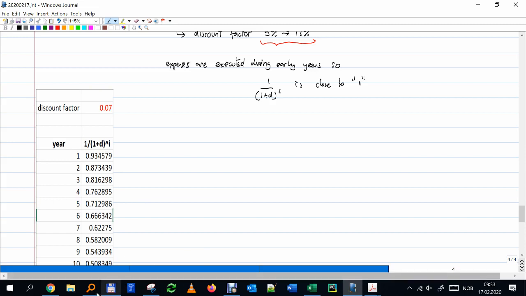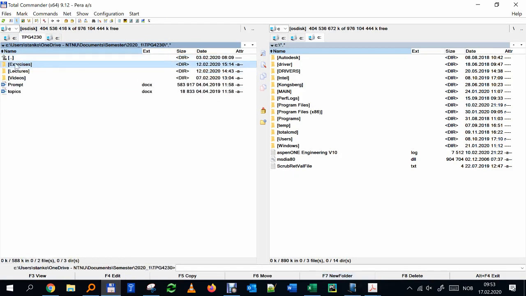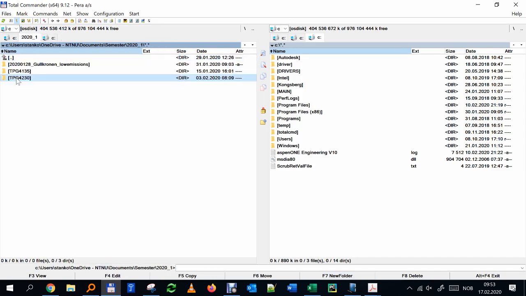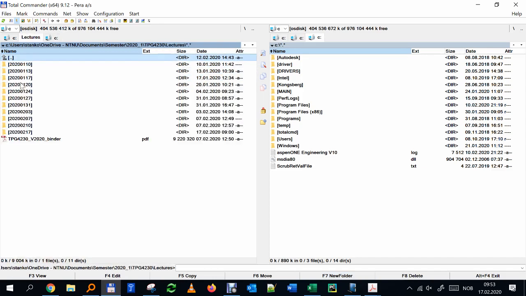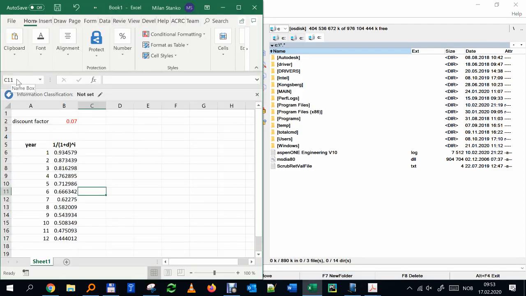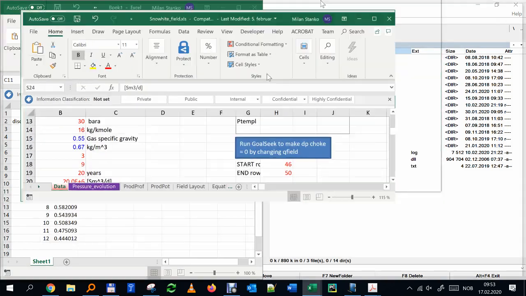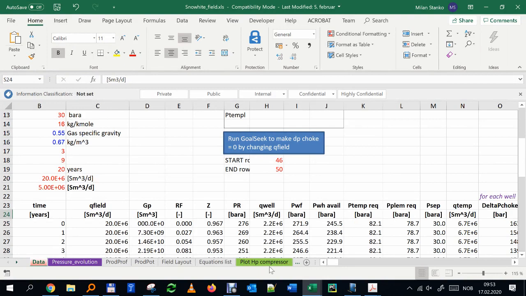Okay, and we can take very quickly the Snow White exercise and see how are we making our calculations. Some place here was Snow White. Okay, and that's something you have to make for block 2. We have one NPV calculations.